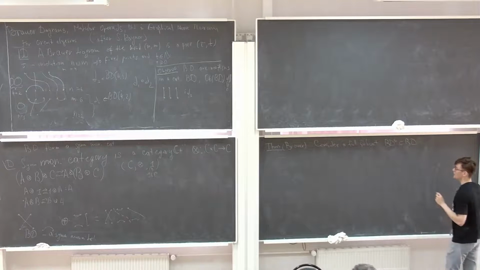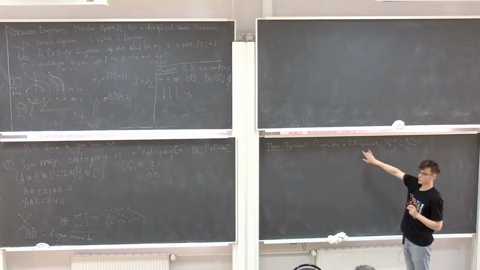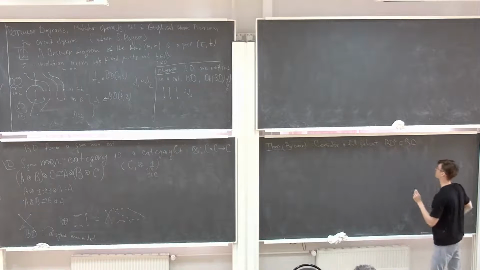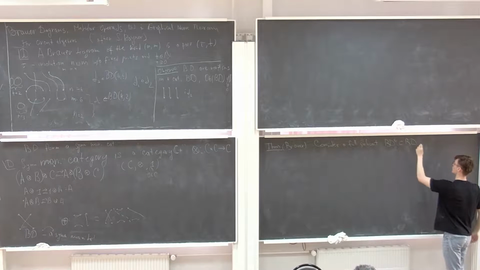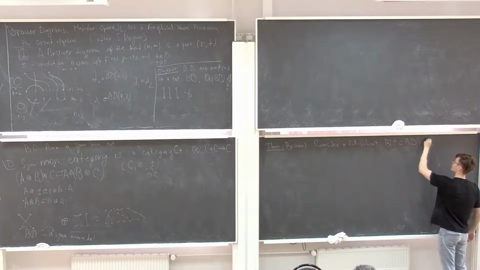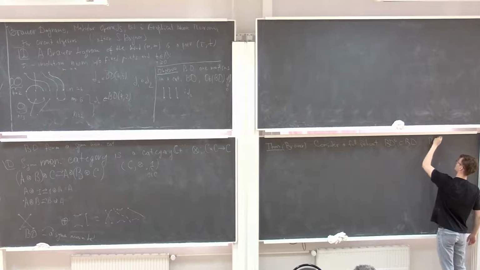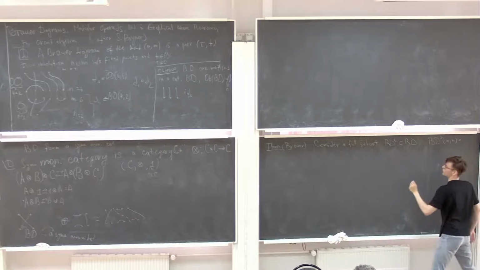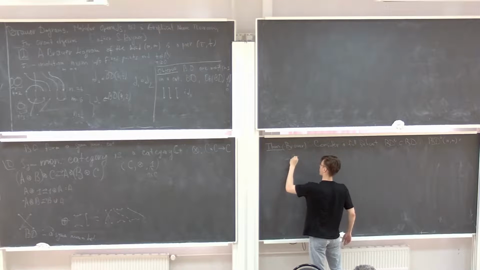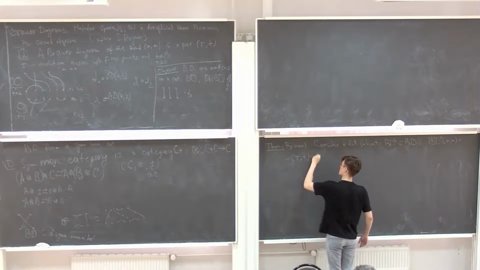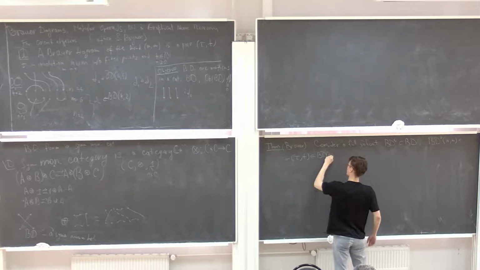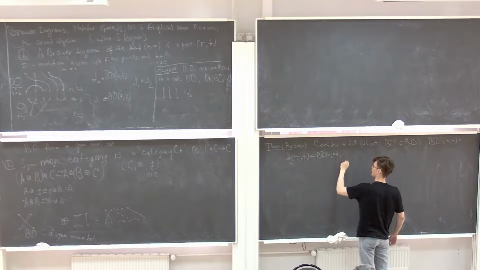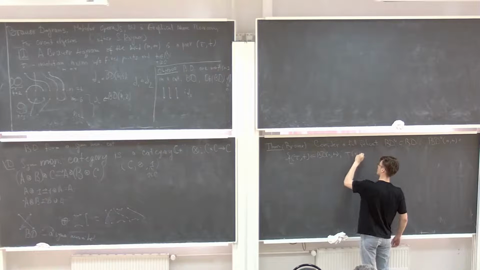So, consider a full subcategory. That means that we make less objects, but the morphisms are the same. Of the category of Brauer diagrams, for which we consider just the Brauer diagrams for which our involution tau sends n to m.